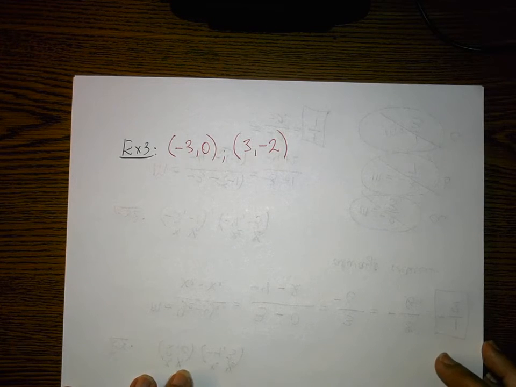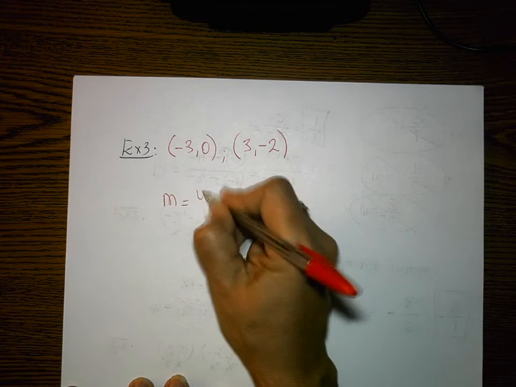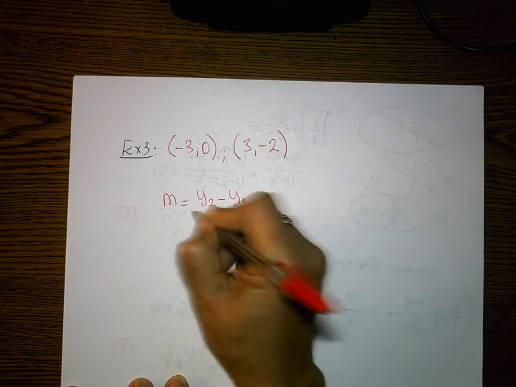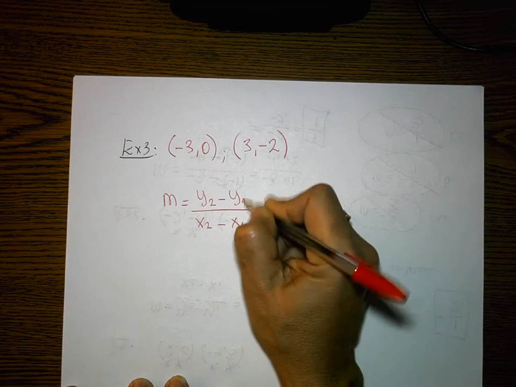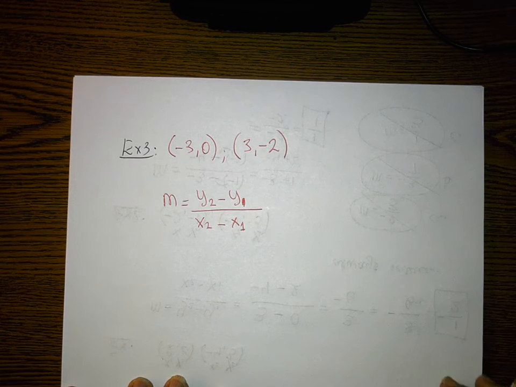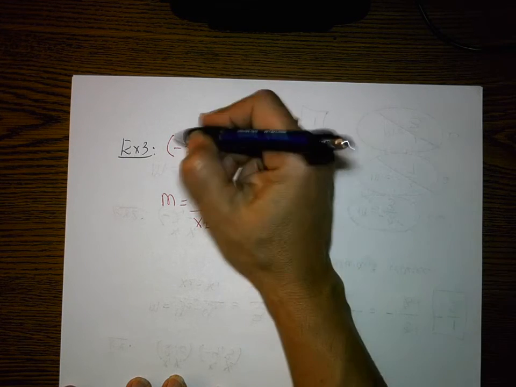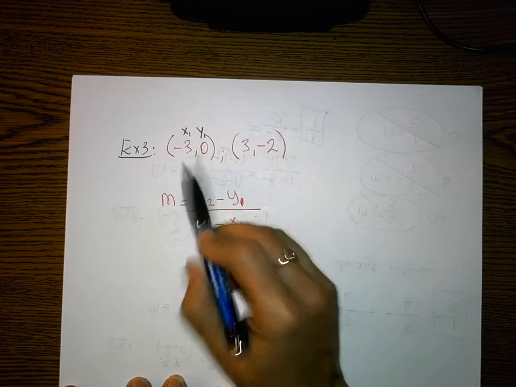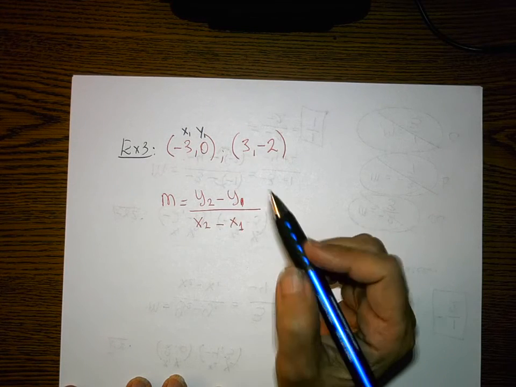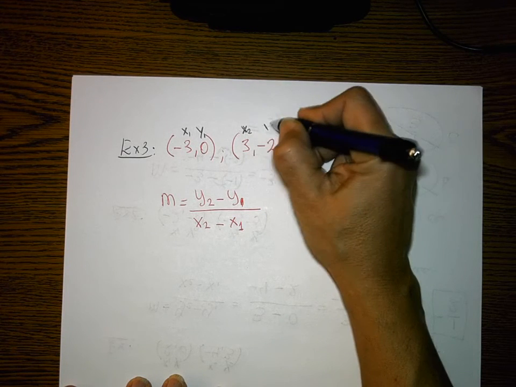Interesting. Okay, I put the formula on the board, y2 minus y1 and x2 minus x1. So this is going to be my x1, my y1. They're the first ones in front, so I'm going to call them the first ones. These are the second ones. There we go.